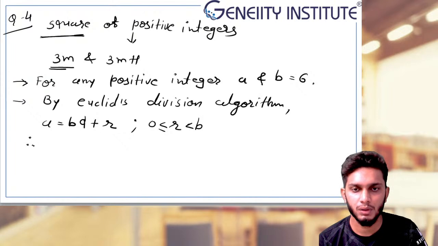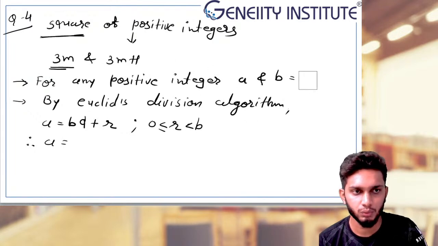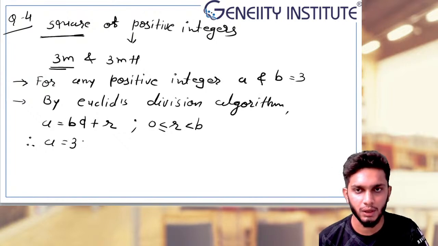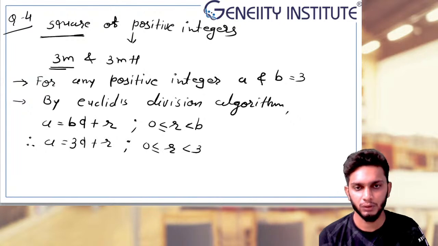Therefore here b is equal to 3. So a is equal to 3 into q plus r, where r is greater than or equal to 0 and less than 3.